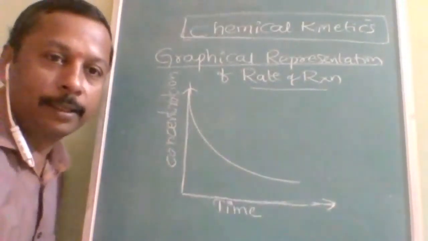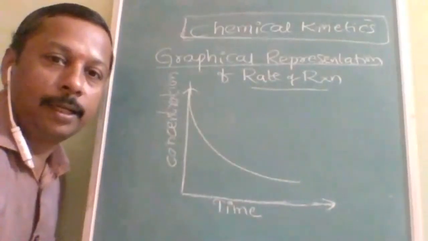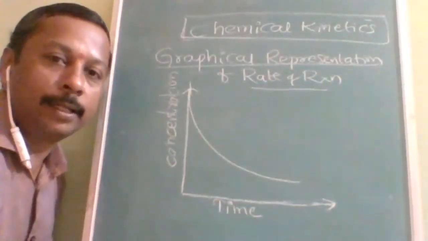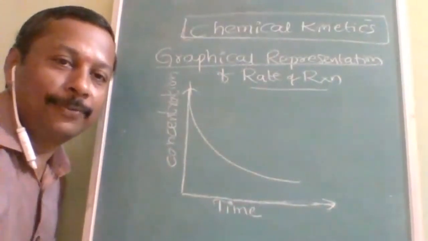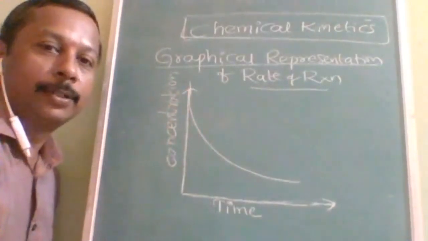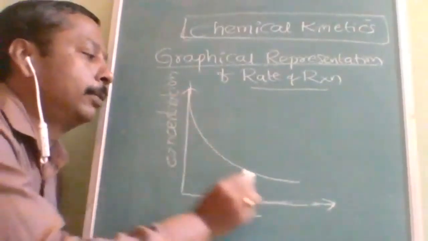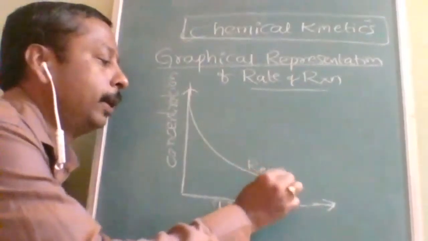In any reaction, there are two people only. What are those two? Reactant and product. Is it reactant or product? Good. So this is the reactant, because in the starting it is maximum and it slowly decreases. So this is the concentration of reactants.